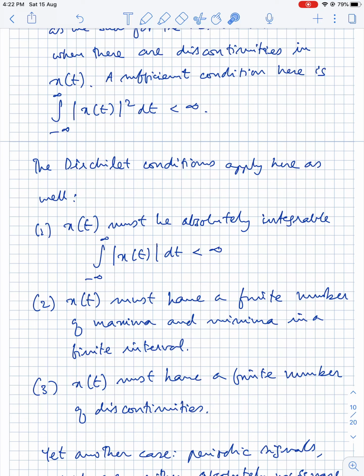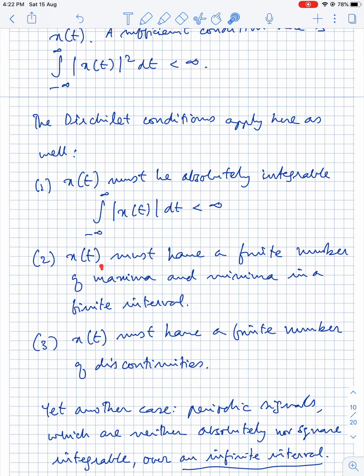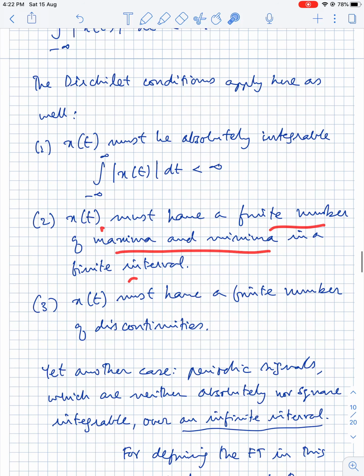If it is absolutely integrable, then this is one sufficient condition for the Fourier transform coefficients to be bounded. x of t must also have a finite number of maxima and minima in a finite interval, and must have only a finite number of discontinuities. These were the same Dirichlet conditions which we saw in the Fourier series case.